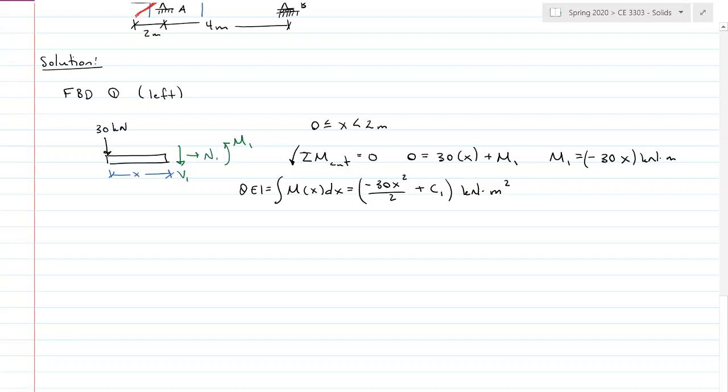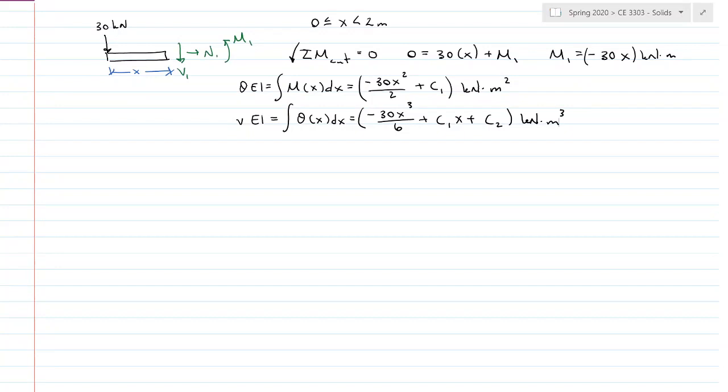And then I have my vertical deviation, EI v, which is the integral of the slope, dx, which is going to be negative 30x cubed divided by 6 plus C1x plus C2 in kilonewton meters cubed.